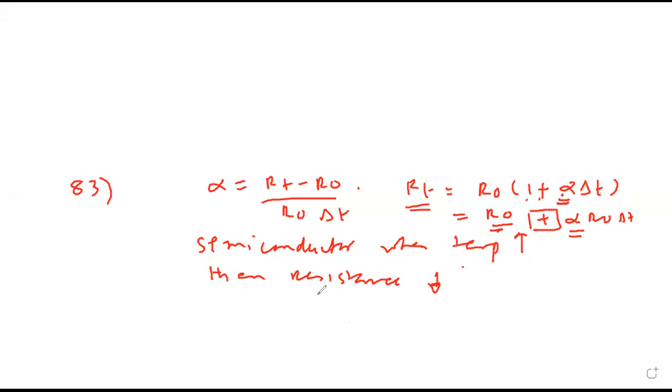ओके, फिर से समझ लो वापस. Resistance at higher temperature for metal, we got R0 (1 plus alpha into change in temperature). Correct or not?